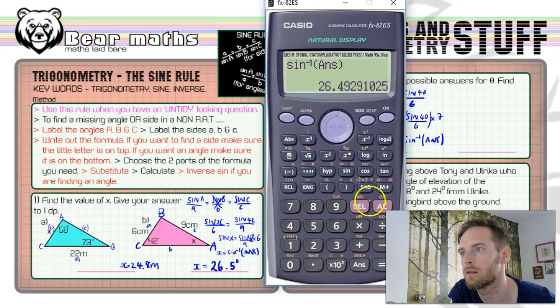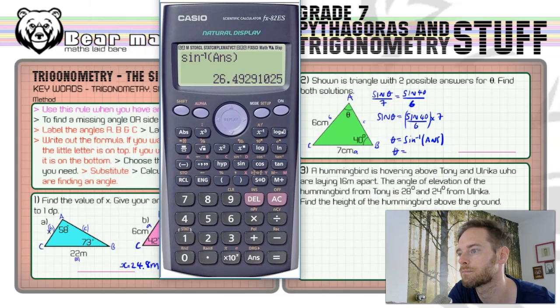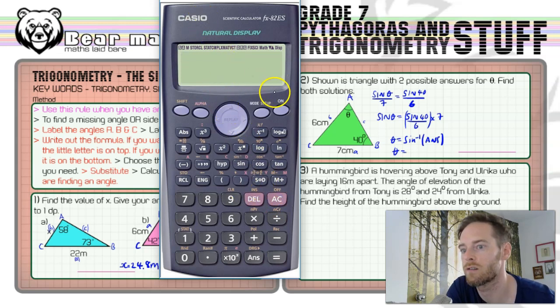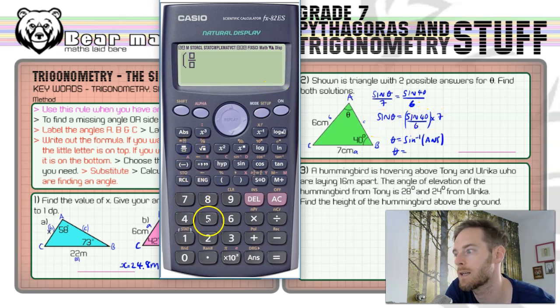Okay, so let's type that into the calculator. Get what we need. Remember, it's always about sine because it's the sine rule. And I'm going to type that bit in. Okay, so that sine 40 down 6 close times 7 done.